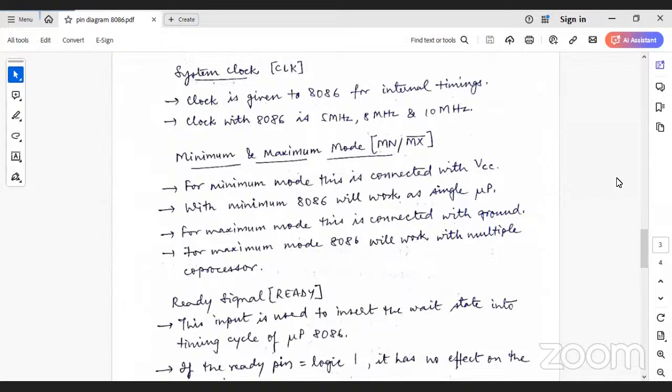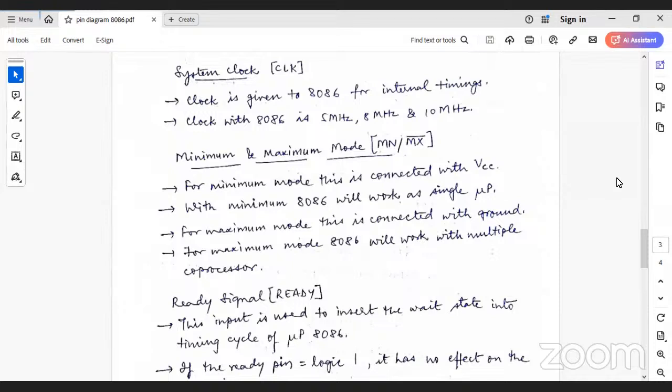Now for the minimum mode, this MN/MX bar is connected with VCC. So always either that particular pin will be at logic high or it will be at logic low. MN is minimum, MX bar means maximum. If it is connected with VCC, meaning it is logic high, then the 8086 will work as a single microprocessor.